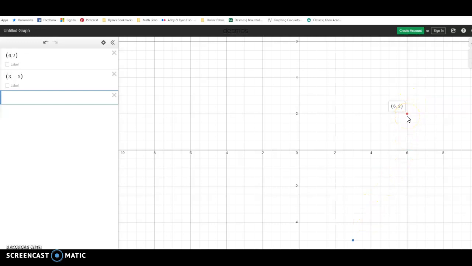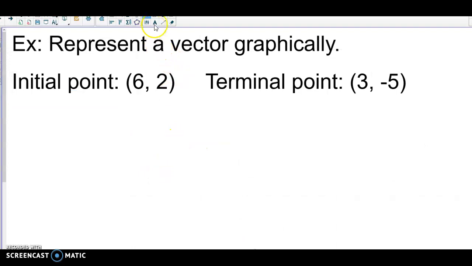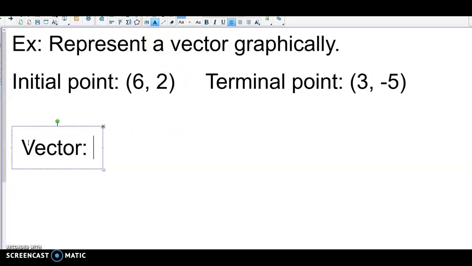Well, to go from the red point to the blue point, we have to go to the left 3, which is represented by the x coordinate. In terms of the y coordinate, we have to shift down 7. So our vector then is <-3, -7>.